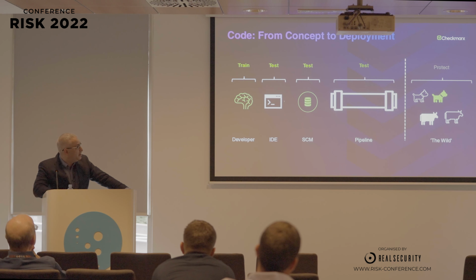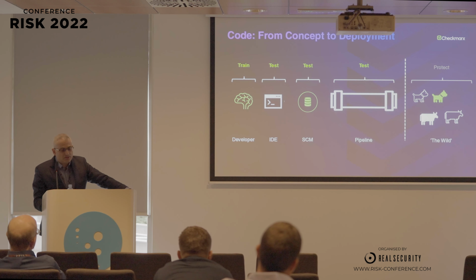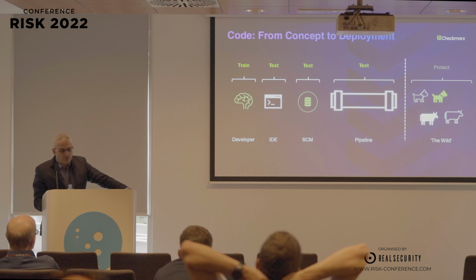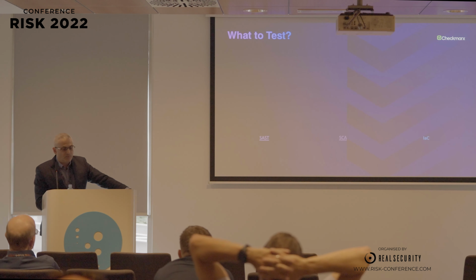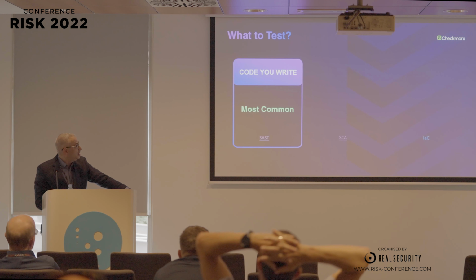If I come back to my first slide, we can see that all steps of development, code repository and build system, should be tested automatically, and we should train our developers how to avoid vulnerabilities in the code.